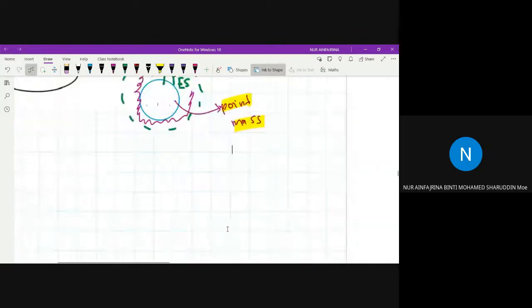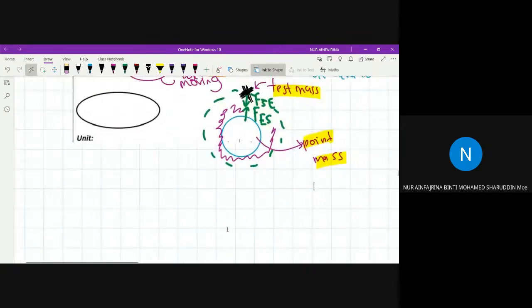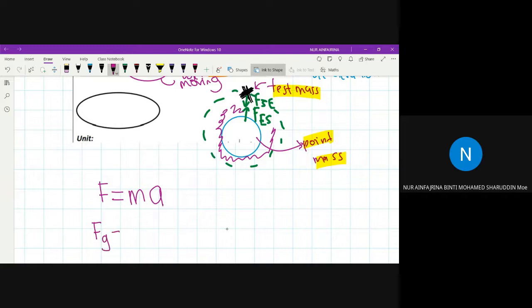Korang cari space yang tulis. Miss minta maaf, Miss bagi space yang kurang. Okay, now for example, kita tahu Newton's second law. Newton's second law is force equals to mass darab dengan acceleration. So our force here we have gravitational force equals to mass darab dengan gravitational acceleration.